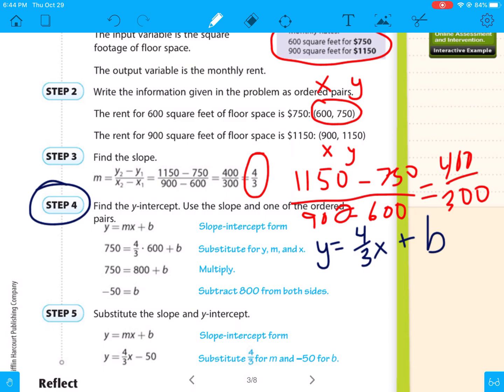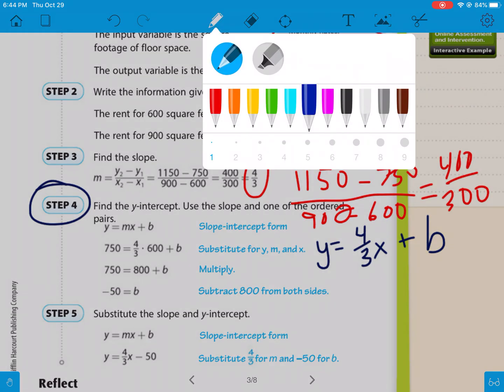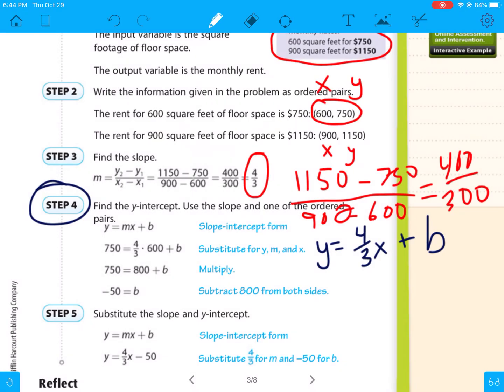Now this is the weird part that you're going to have to do, is you actually have to plug in a number for your y and your x. And you can use any of these two ordered pairs that you had from the beginning parts. So you can use 600 and 750, 600 being your x, 750 being your y, or you can use 900 and 1150.